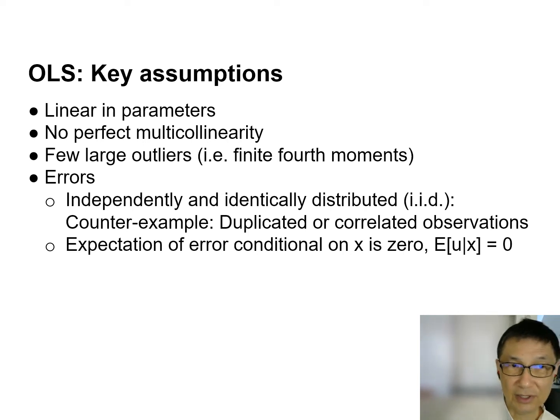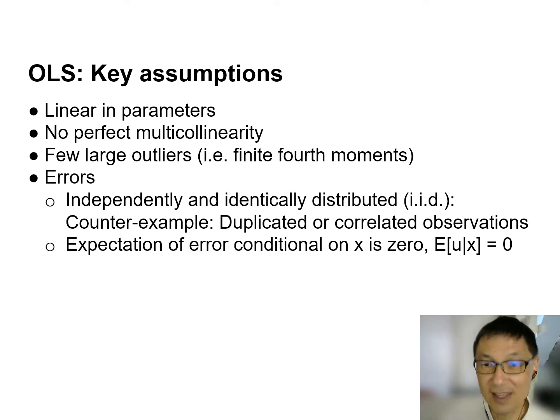The second assumption underlying ordinary least squares is that there's no perfect multicollinearity, which means that if there are multiple variables in the x, that is, we have more than one explanatory variable, or an explanatory variable and some control variables, they're not actually the same. They don't move completely together.